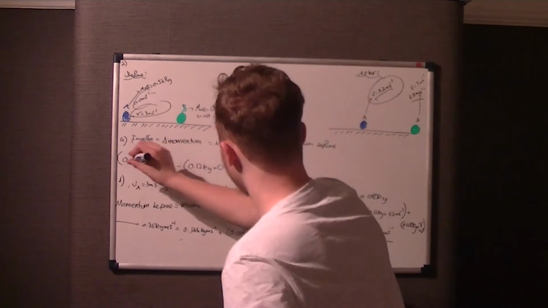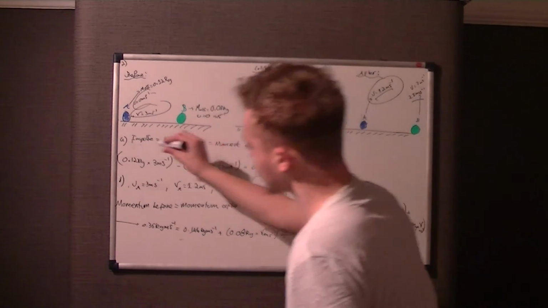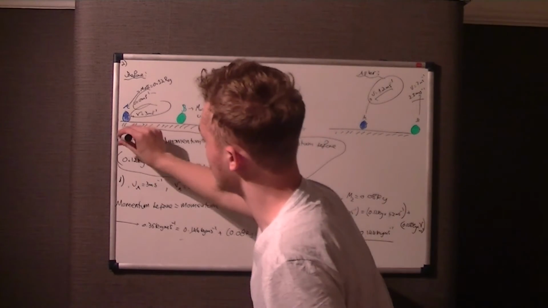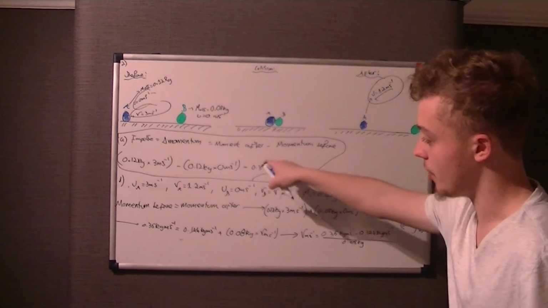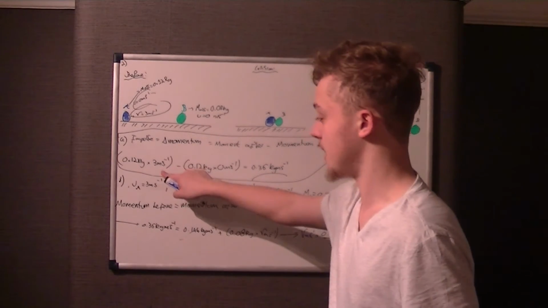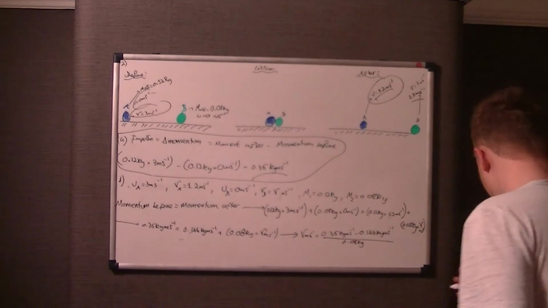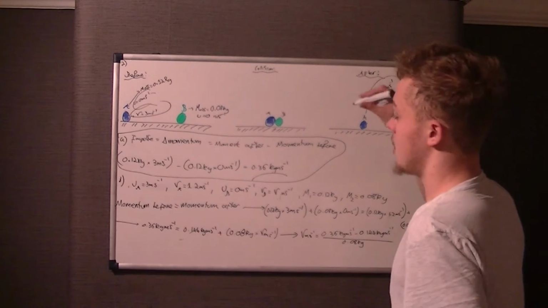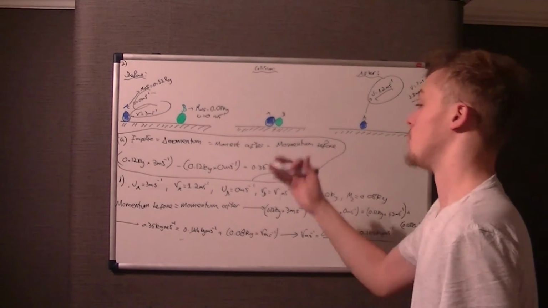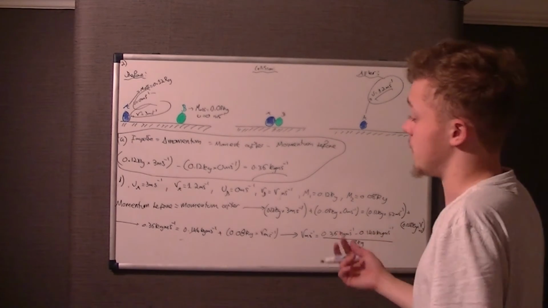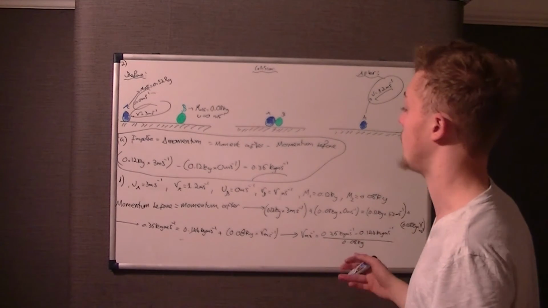It's kind of like what we did in part A. You apply pretty much the same principle, except our momentum after is not 0.12 kilograms times 3 meters per second. In fact, for part C, it is 1.2 meters per second times 0.12 kilograms, or 0.12 kilograms times 1.2 meters per second. Same thing, just a different way around.